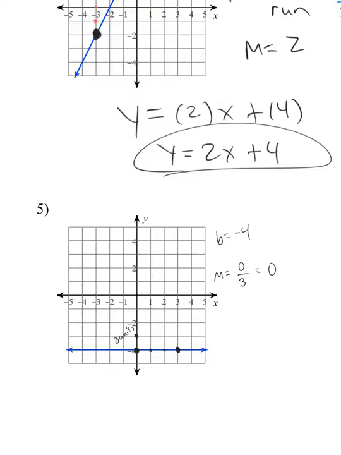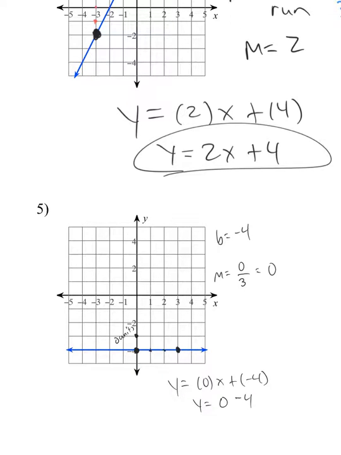What does that mean if we plug into slope-intercept form? m is 0, so 0 times x plus b, -4. Well, what's 0 times x? 0 times anything is just 0, so this is 0 minus 4.